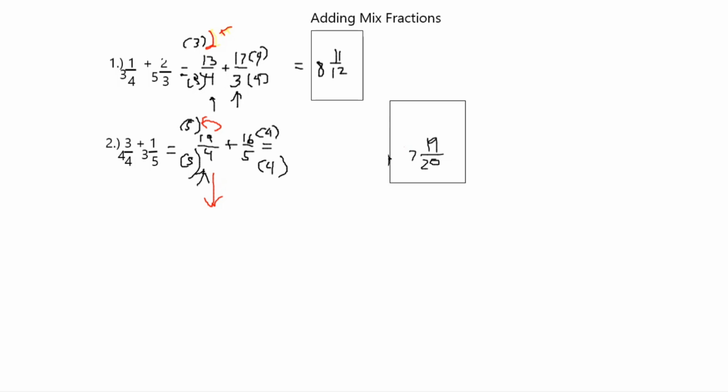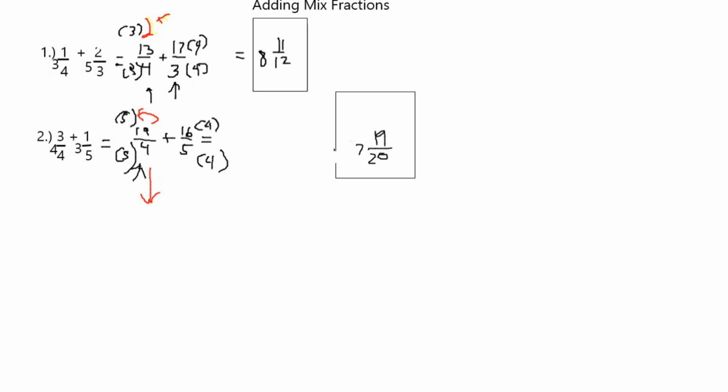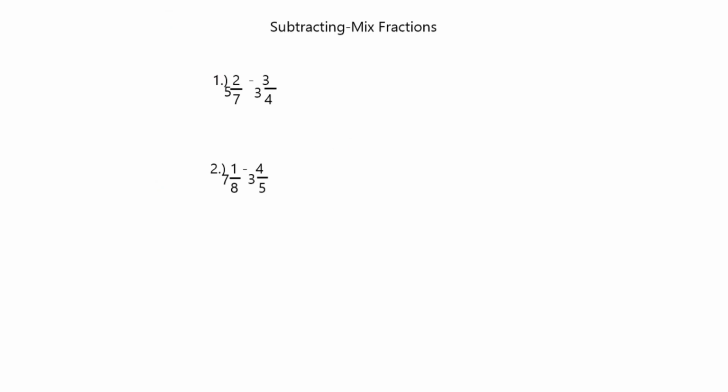Let's erase things and move on to subtracting mixed fractions. So now we're here for subtracting mixed fractions. It's just the same things as earlier, but now we're just going to subtract them. So let's start. Let's make this quick.